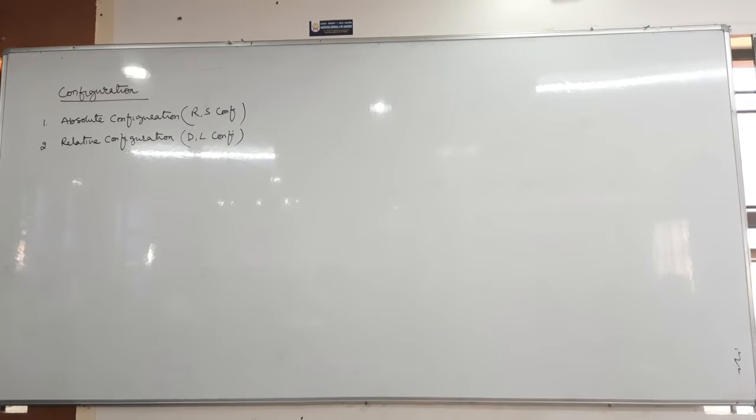Next, types of configuration. 1, absolute configuration, in bracket RS configuration. 2, relative configuration, DL configuration.